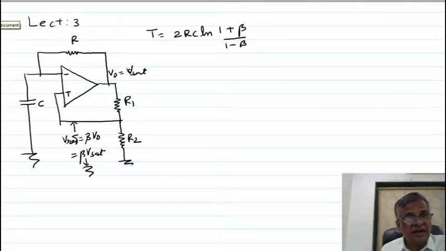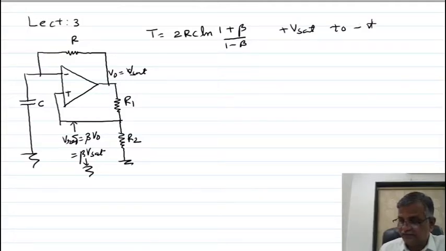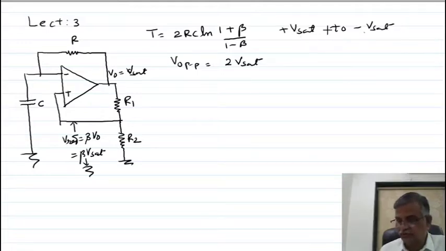Second is, the output voltage swings from plus Vsat to minus Vsat. There is a swing in the output voltage. Peak to peak output voltage is nothing but 2 Vsat. So the difference between these two is nothing but 2 Vsat. If you want to change the amplitude of the output voltage, then you can change the amplitude of the power supply voltage.